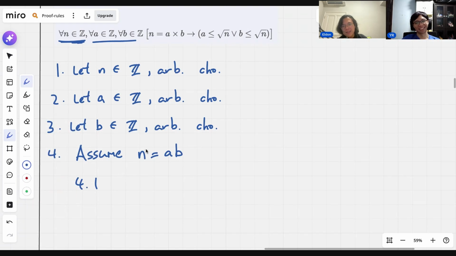Anyway, let's keep going. So here is the crux of what I'm going to do. I'm going to make one more assumption here. I'm going to assume that it is not the case that a is less than or equal to square root n, or b is less than or equal to square root n.